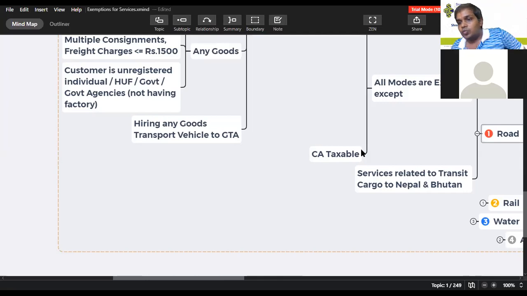However, I need to analyze one point. I mentioned this as taxable here because I want to analyze this point. There is a specific point which says that if the supply is happening from one location to another location completely outside India, then it may not be taxable in India. In fact, the place of supply will be treated as outside India, and the customer is also outside India. In which case it will not be taxable. So there is a separate discussion on it.